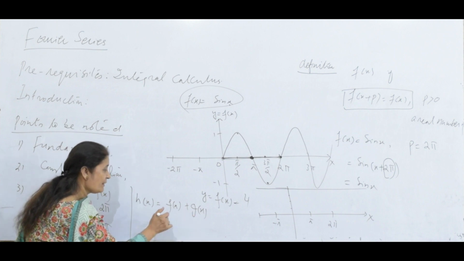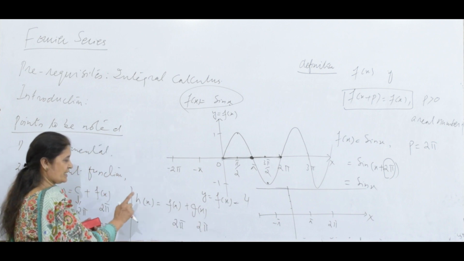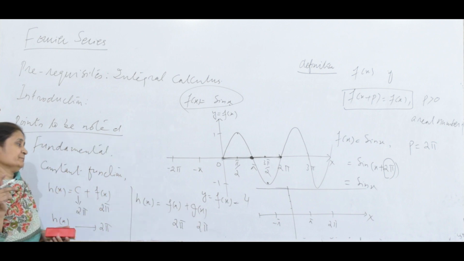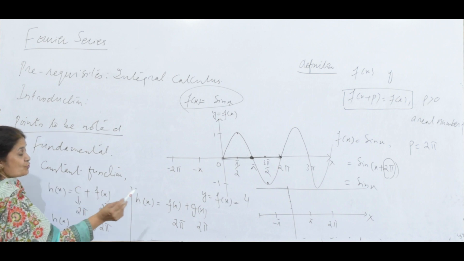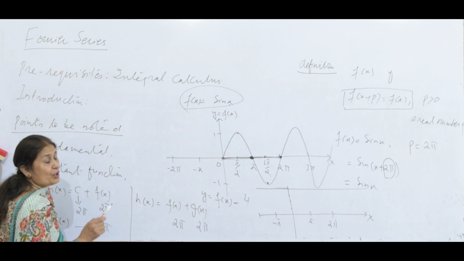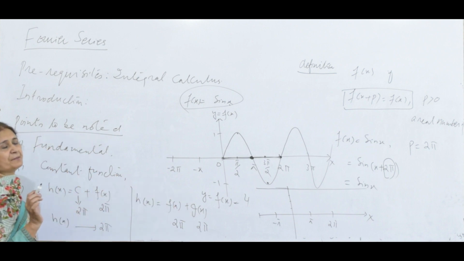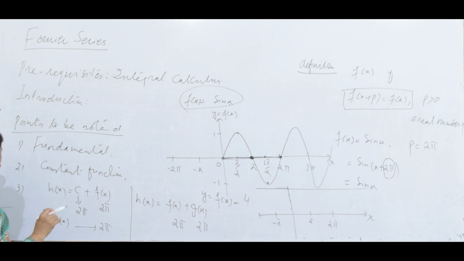If I am adding, they must have the same period. If they are 2 pi, then h of x must have 2 pi. Because if this has pi and this has 2 pi, you cannot add them together. You can add only when they have the same period. This is the third point: the constant function does not have any fundamental period, so it attains the same period as the other function which is added or subtracted.